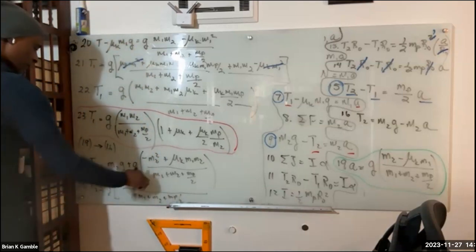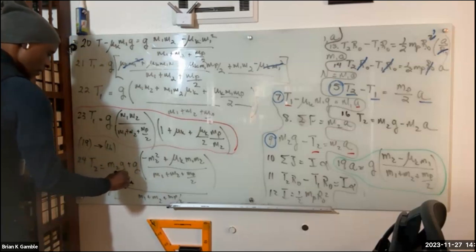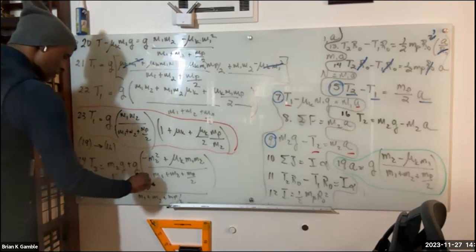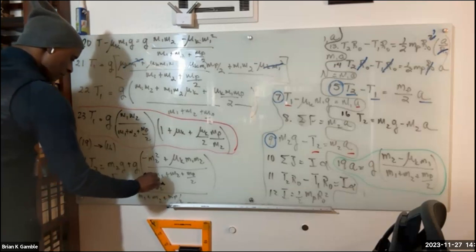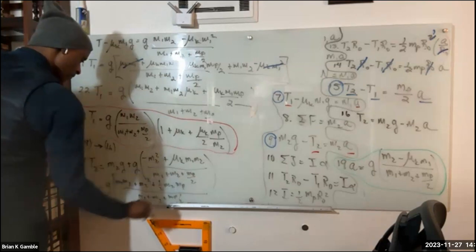Then M2 times this guy is going to be M1 M2, plus M2 squared, and then plus 1/2 M2 MP.